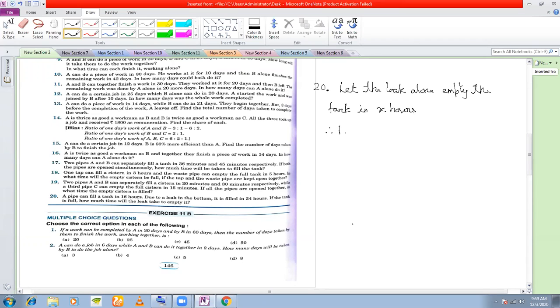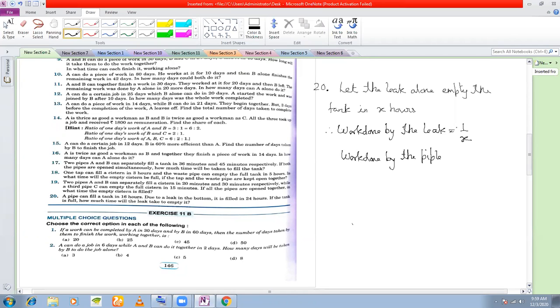Therefore, work done by the leak is equal to 1 by X. This is the work done by the leak. And what is the work done by the pipe?